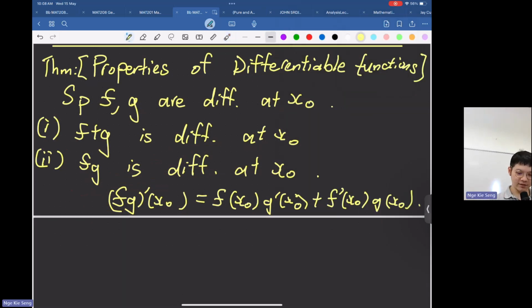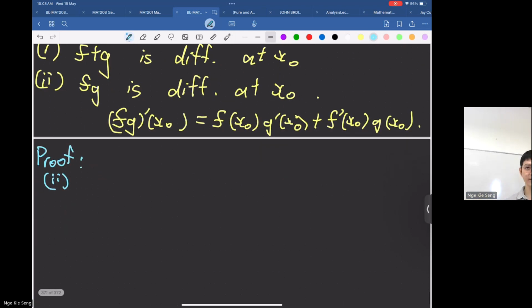So maybe let's discuss how to get this formula. Yes, it is from the definition, but let's see. Let's write it down clearly for this one, and the other I leave to you as an exercise.